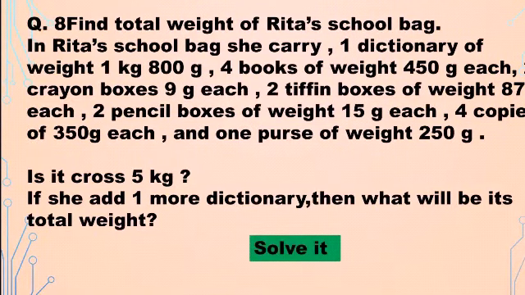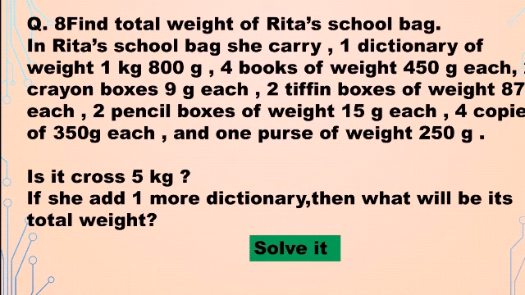Now the 8th question, find the total weight of Rita's school bag. In Rita's school bag she carried 1 dictionary of weight 1 kg 800 gram, 4 books of weight 450 gram each, crayon boxes of 9 gram each, 2 tiffin boxes of weight 87 gram each, 2 pencil boxes of weight 15 gram each, 4 copies of 350 gram each, and 1 purse of weight 250 gram.